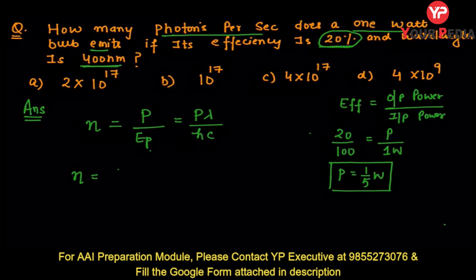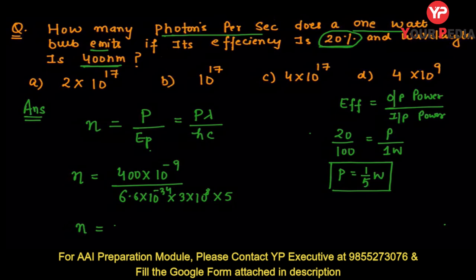So substituting the values, the number of photons emitted per second will be how much? Tell me, student. 400 into 10 raised to power minus 9 upon 6.6 into 10 raised to power minus 34 into 3 into 10 raised to power 8 into 5. Why 5? This P is 1 by 5. If you calculate this number, it will be somewhere around 4 into 10 raised to power 17.